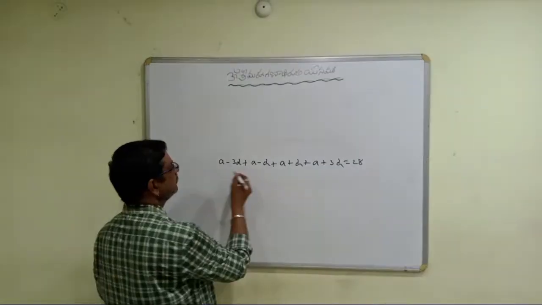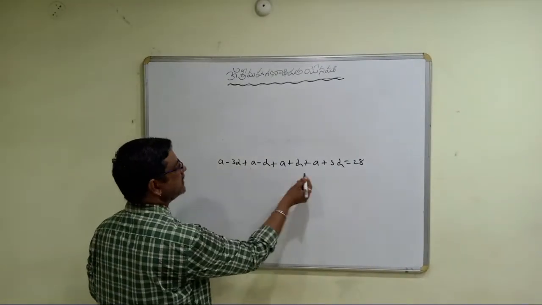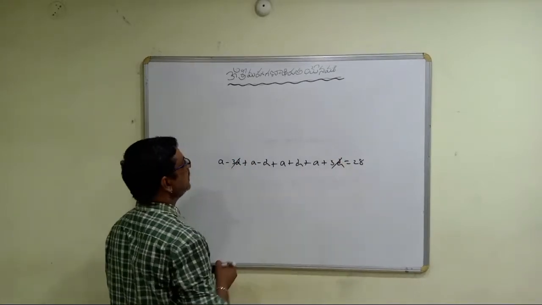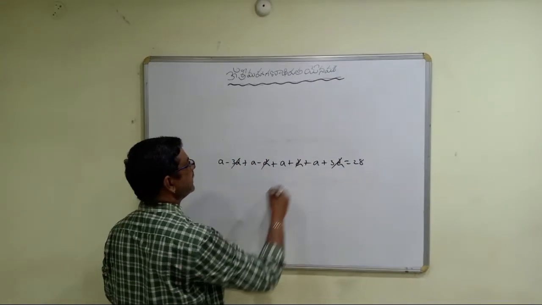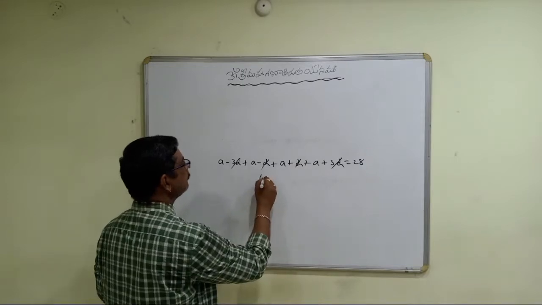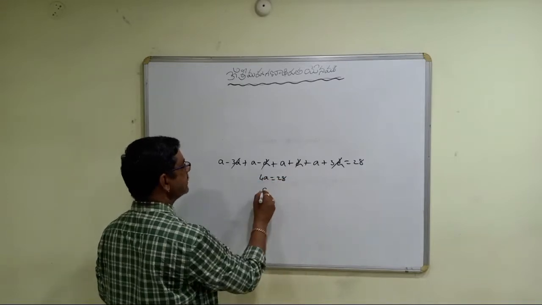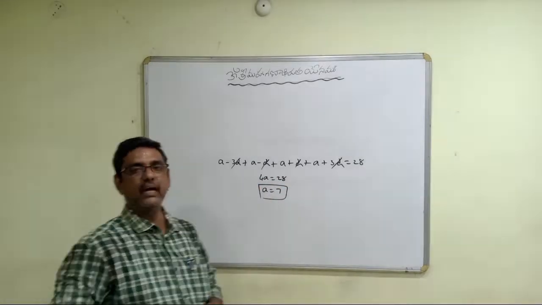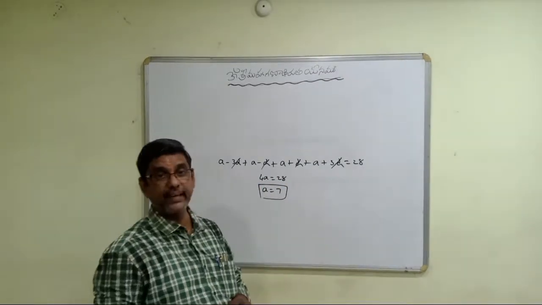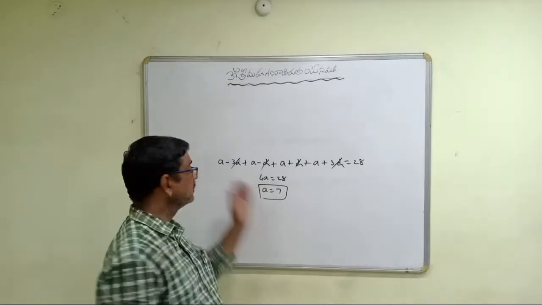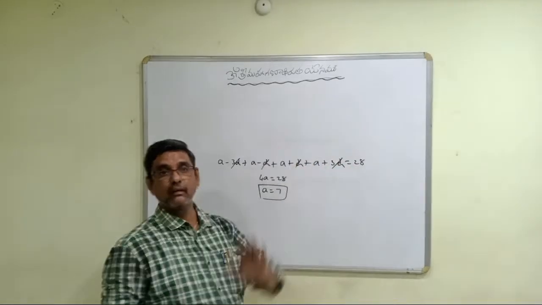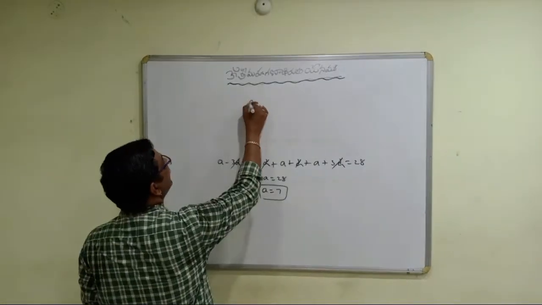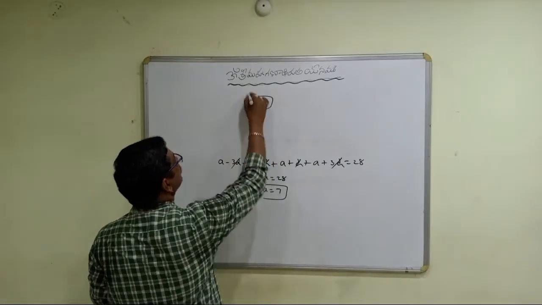Now if you add these four, minus 3d plus 3d get cancelled, minus d plus d get cancelled, 4a is 28, a is 7. It is that easy to solve the problem if we consider the terms like this. So what we got here? a is 7.